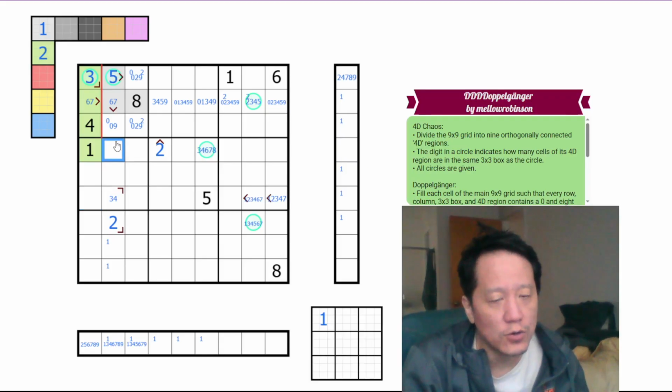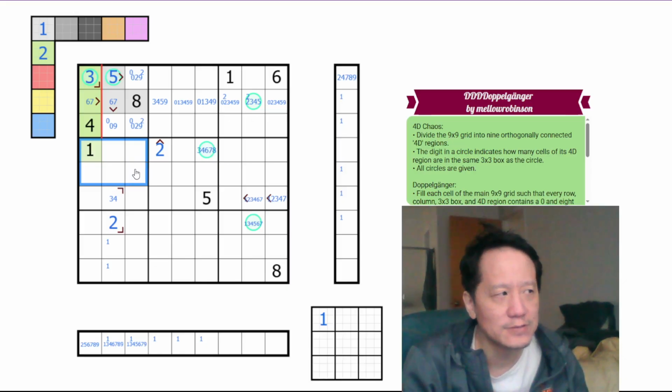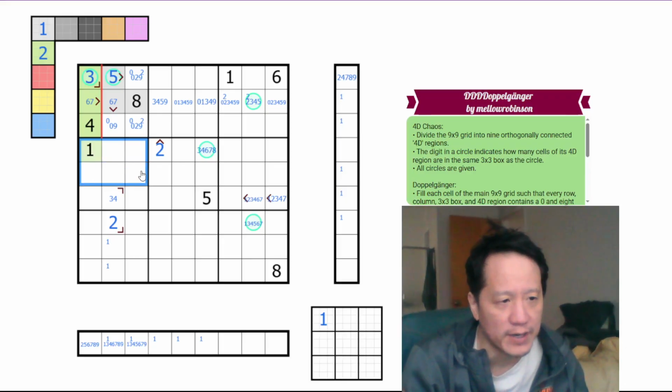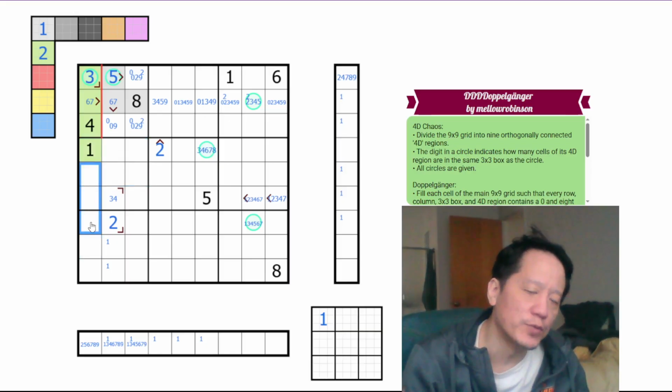If green is wholly in this box, in box 4, you have to have that 0 in the green region has to also have a 2 in its box, because it doesn't have a 2 in its 4D region. So this would have to be a 2 in that case, if it were fully contained in this box. It could exit out this way, and then this could be 0.